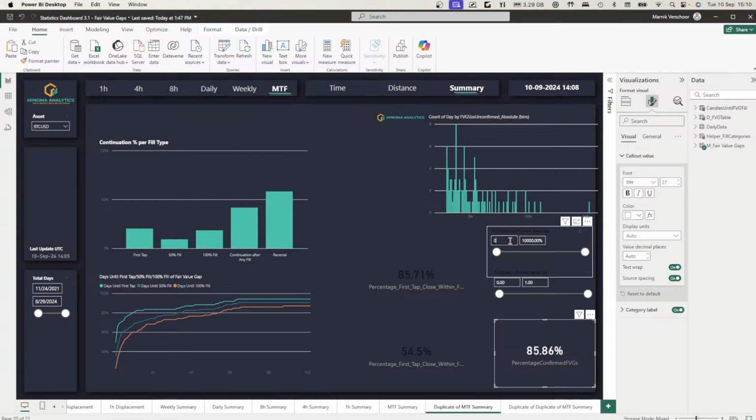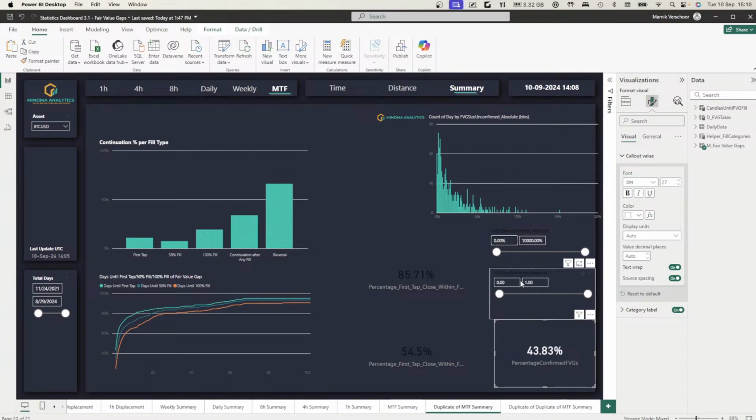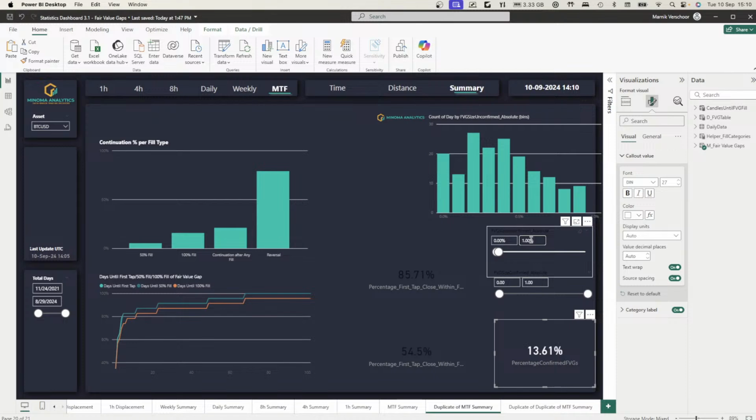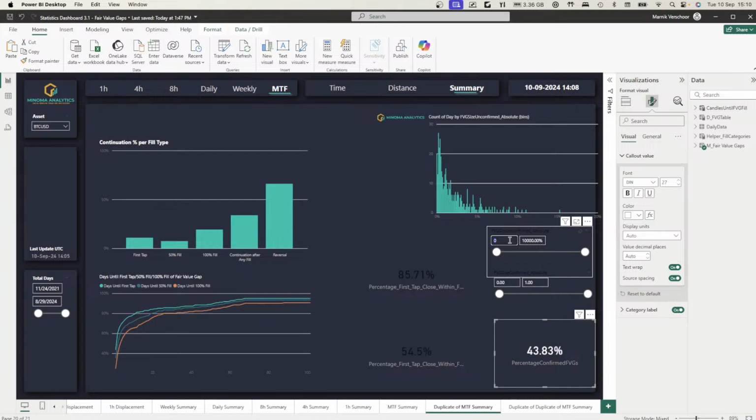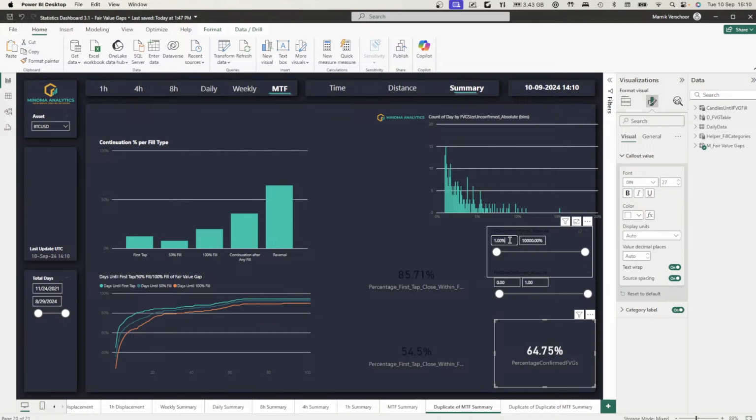So if we take all fair value gaps, this percentage would be 43%. And that's mostly because of the small fair value gaps, up to 1%, only 13% of those confirm. So if we filter those out, you can see that if you just go from 1% onwards, it's already 64% of those fair value gaps that get filled, 2% onwards, 75%, 3% onwards, 85%.